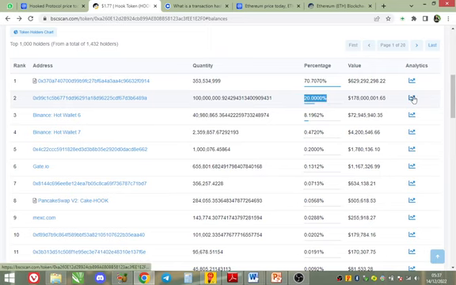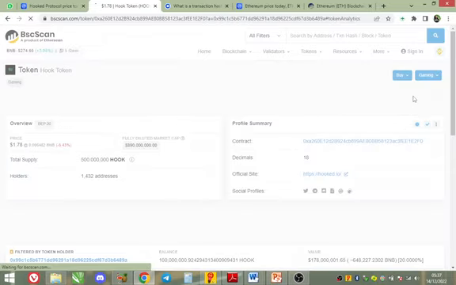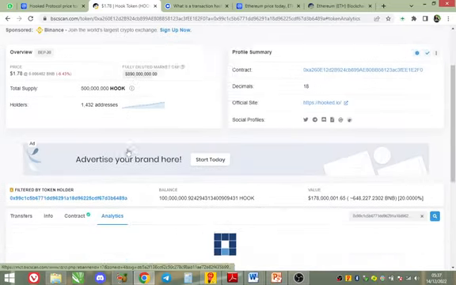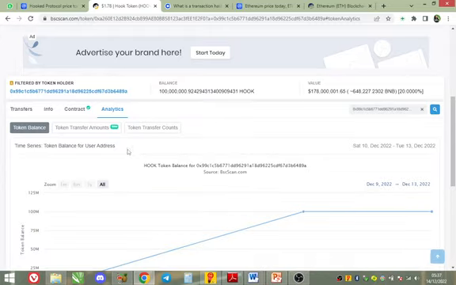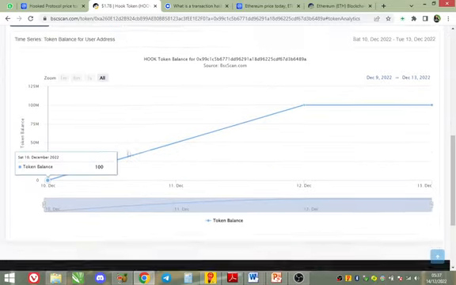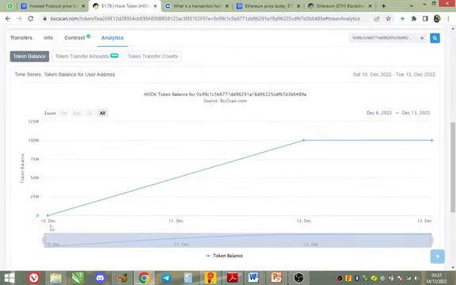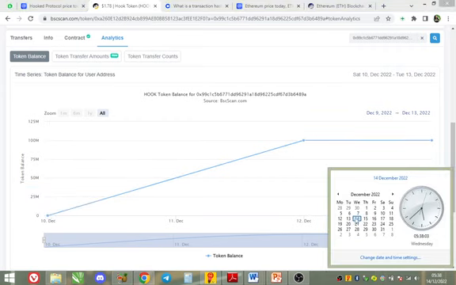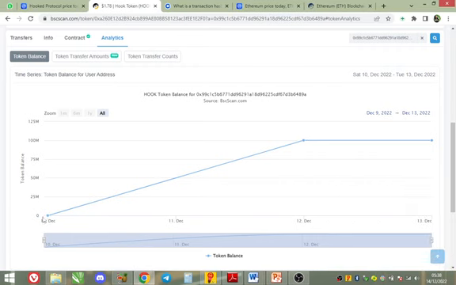We can go to the analysis so that we can get information on this token. So now this is the analysis, this is the token balance. Now on December, you can see Saturday, which is December 10th, on our calendar, this address was not having any token.